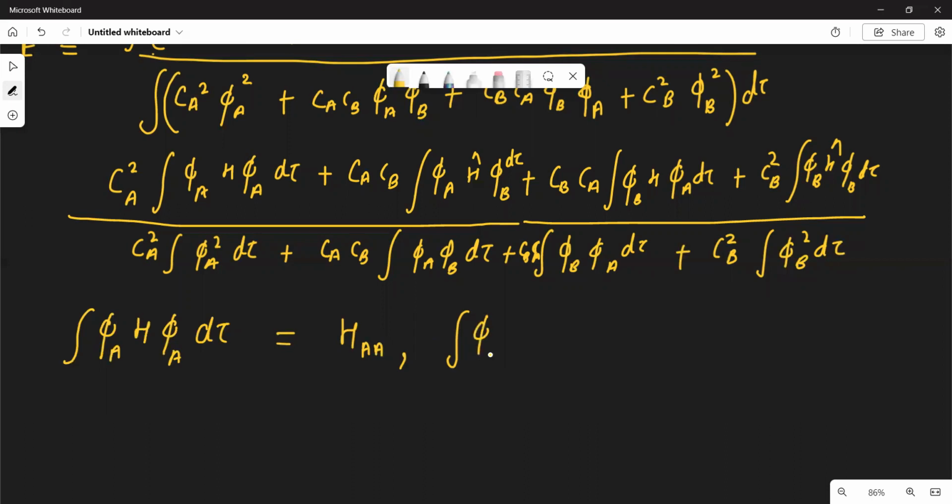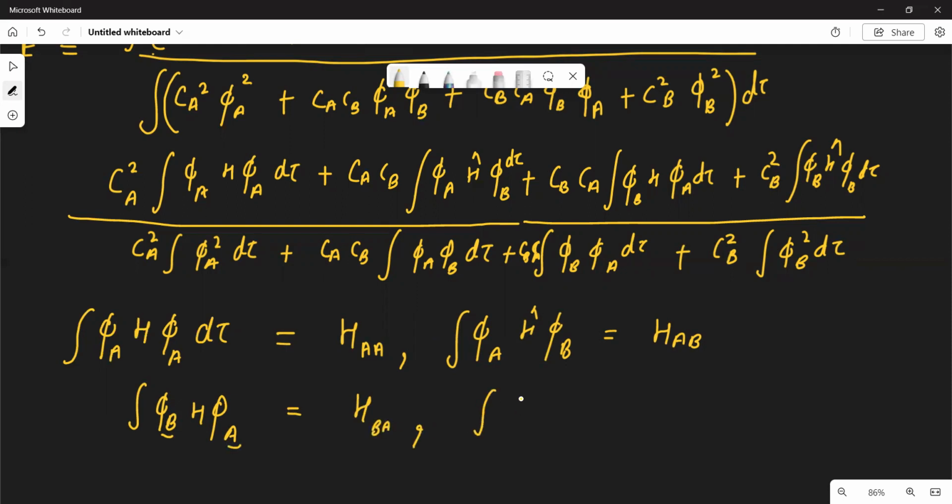Similarly, the second integral can be written as HAB, and the third integral as HBA. Just keep the order of these alphabets in the same manner. Similarly, phi B H phi B can be written as HBB.